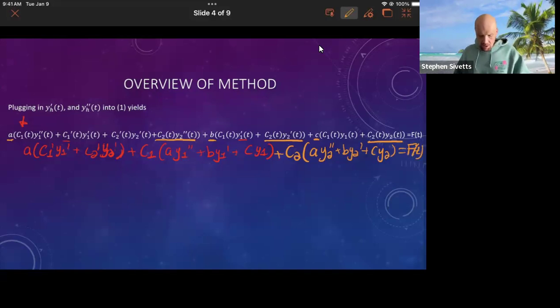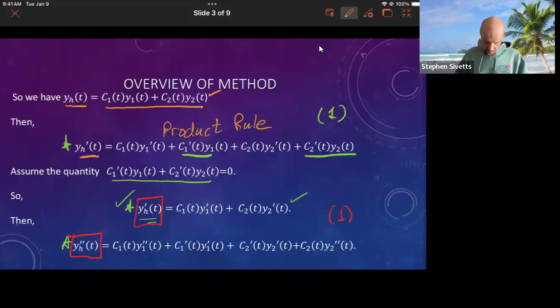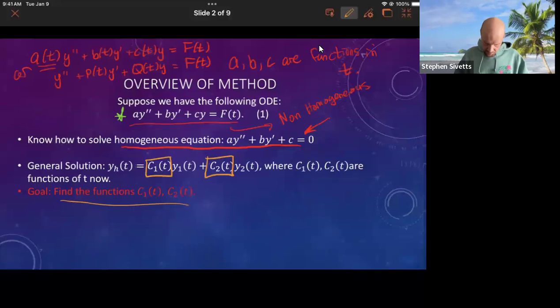Okay. y1 and y2 are solutions for the homogeneous equation. So y1 and y2 were solutions of this homogeneous equation, right?